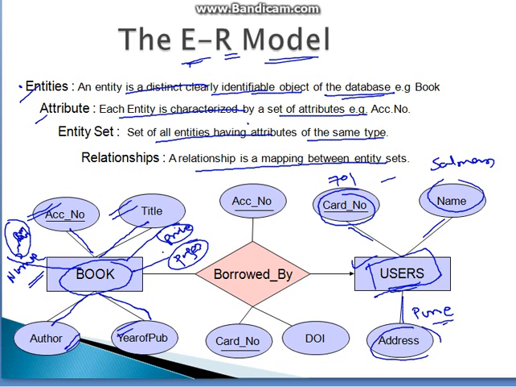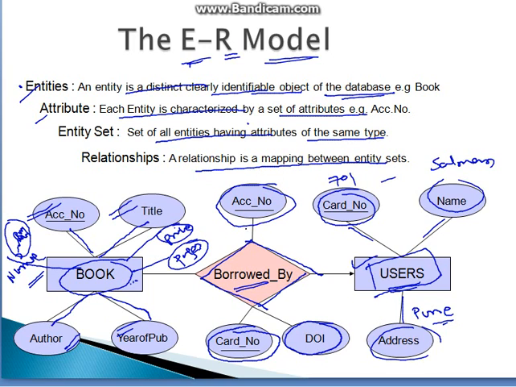Now the relation is shown by a diamond shape. This is borrowed by. The book is borrowed by the user, or the user has borrowed the book. This is a relation, and a relation can also contain different attributes: the card number on which the book is borrowed, the date of issue, and the account number.